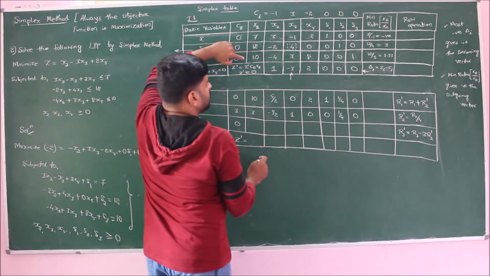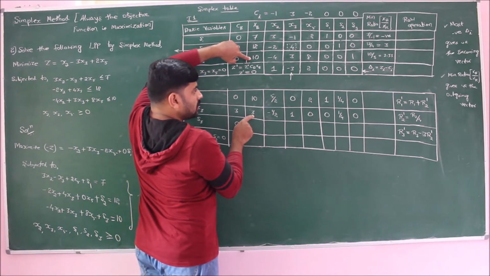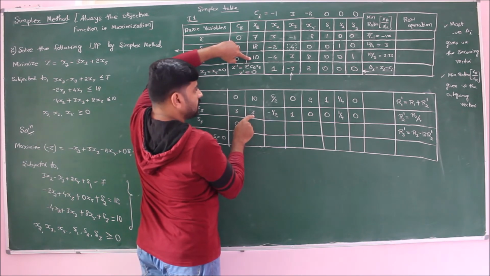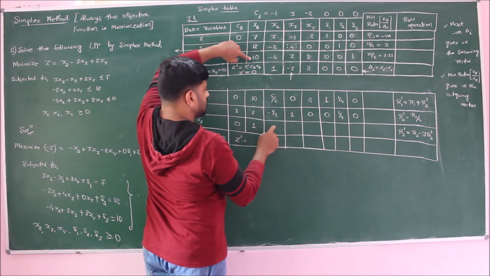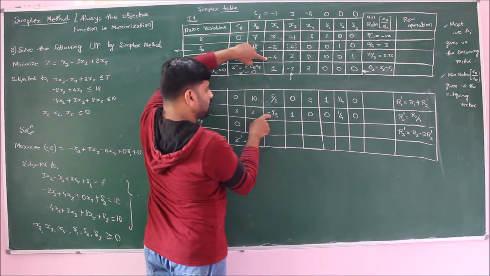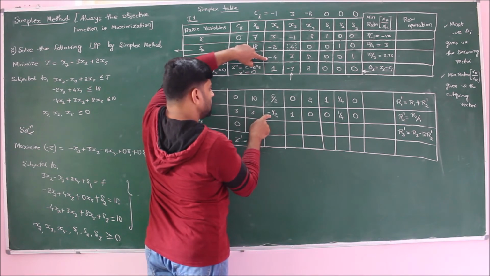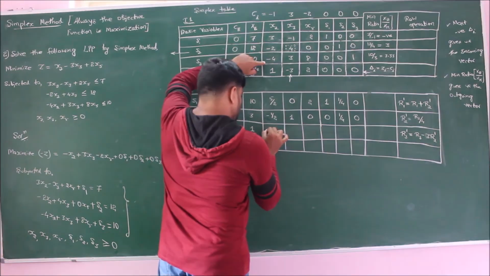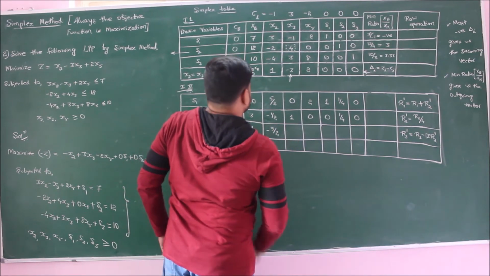So from xb to s3, we have 10 minus 3 into 3, that is 10 minus 9, which gives us 1. Next we have minus 4 minus 3 into 1 by 2, that is plus 3 by 2. Minus 4 plus 3 by 2 will become minus 8 plus 3 by 2. Minus 8 plus 3 is minus 5 by 2.